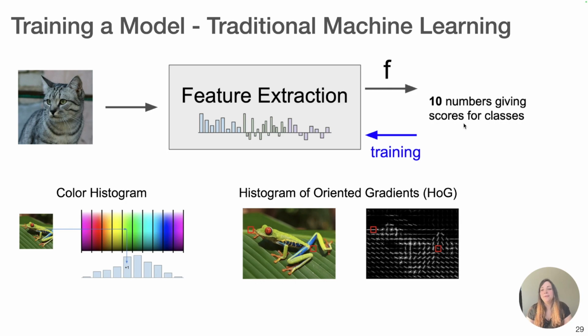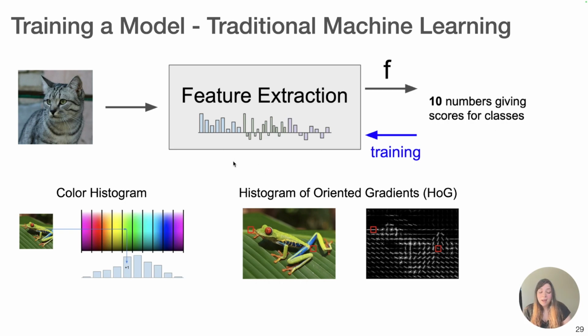All right, now that we have a data set, we need to train a model. I just want to point out that in the traditional machine learning approach, people would spend a lot of time trying to extract features. Features are things that we think are informative about an image that could then be used to train a classifier that would classify the image, for example, into 10 different classes if we're using the CIFAR-10 dataset.